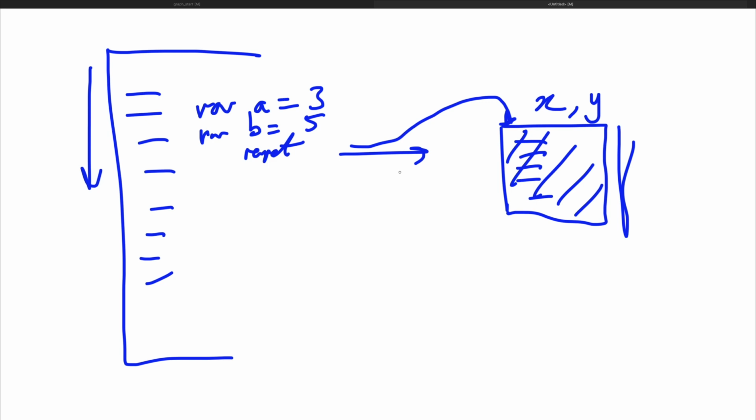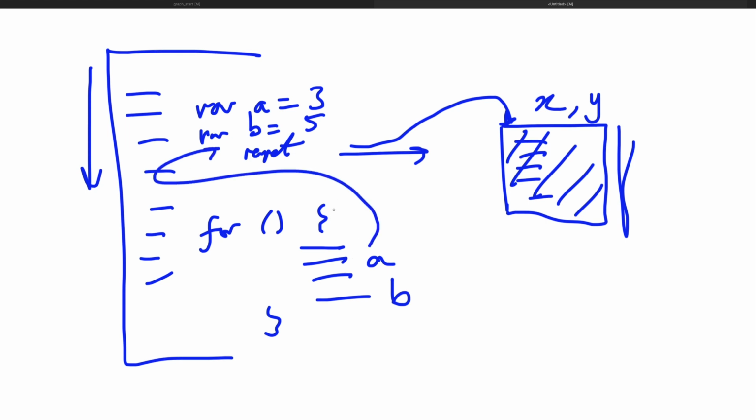Whereas when we have a for style loop and have repeated code, it can refer to A and B because it can see them. There it is. So we can not just see variables and information that are part of the main program, we can even change them. We can say A equals A plus 5. So we can manipulate information with a loop. Harder to do that when we call a function with repeat.